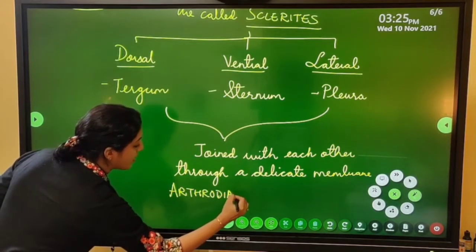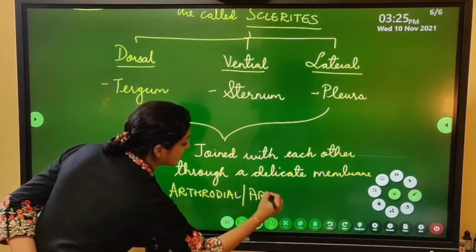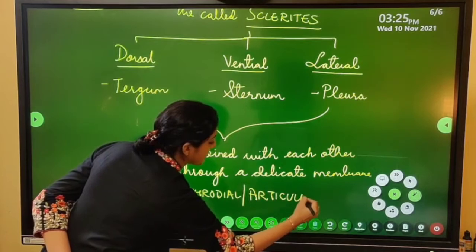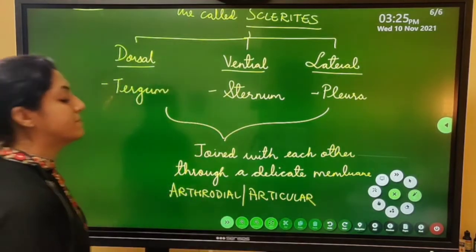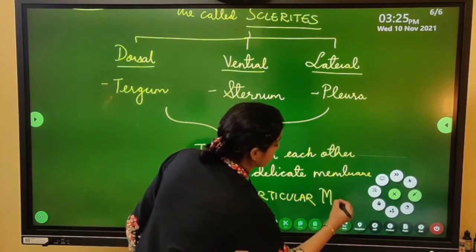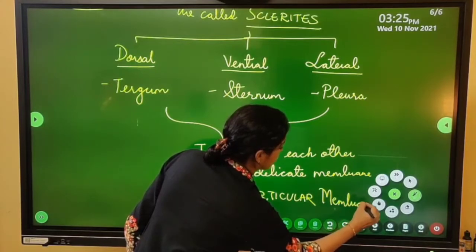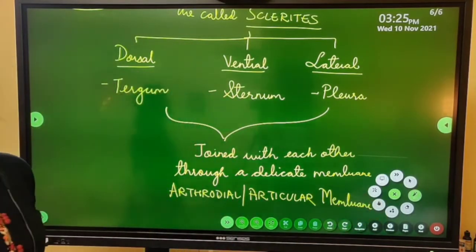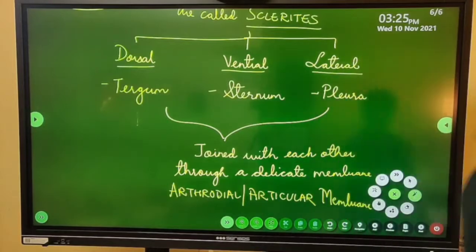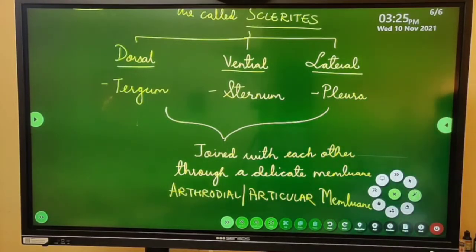Arthrodial or articular membrane. They are joined with each other through a membrane which is called arthrodial membrane or the articular membrane.